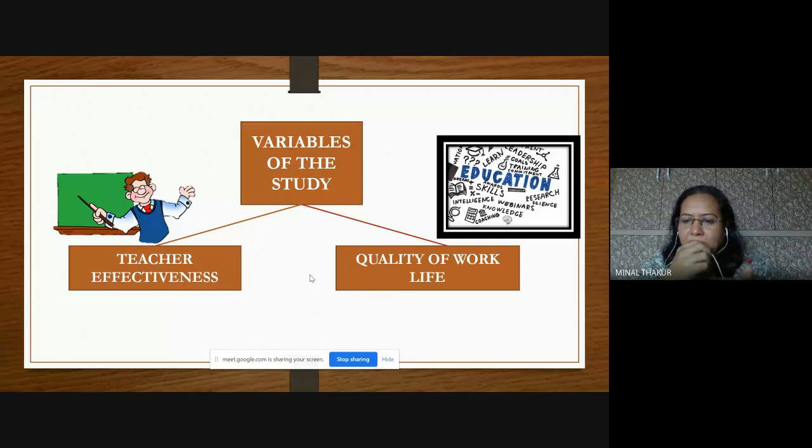So, quality of work life is dependent on teacher effectiveness. Therefore, quality of work life becomes the dependent variable and teacher effectiveness becomes the independent variable. Always a researcher would want that the dependent variable should be influenced by the independent variable. Can we have the next slide, please?